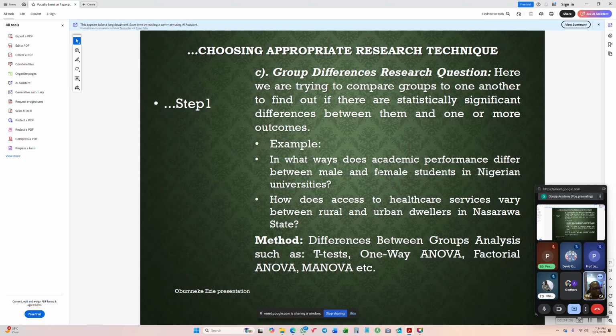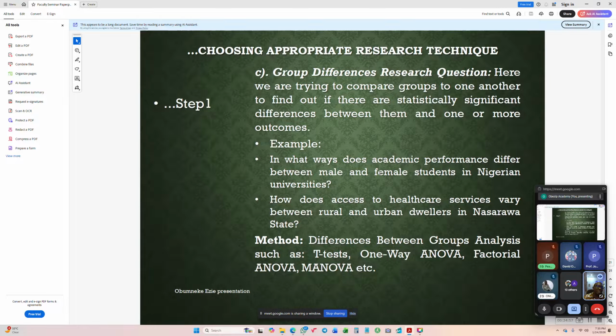An example of such a group differences research question is this: In what ways does academic performance differ between male and female students in Nigerian universities? Or how does access to healthcare services vary between rural and urban dwellers in Nasarawa State?